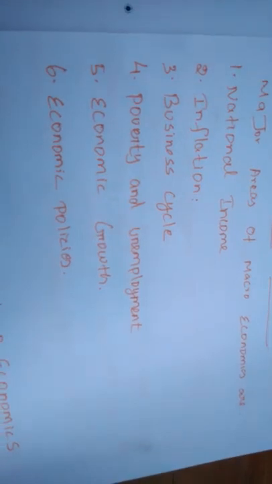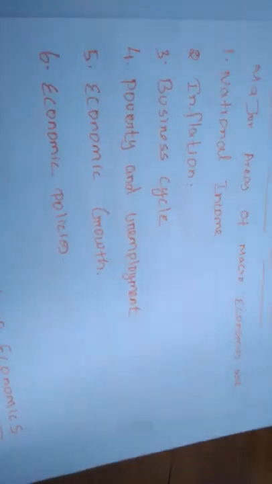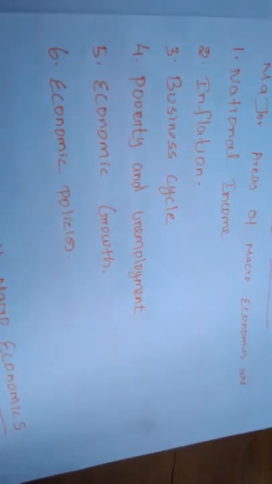Without an increase in the standard of living of the people, we can't say the nation has increased its income. So national income must include the increased standard of living of the people.